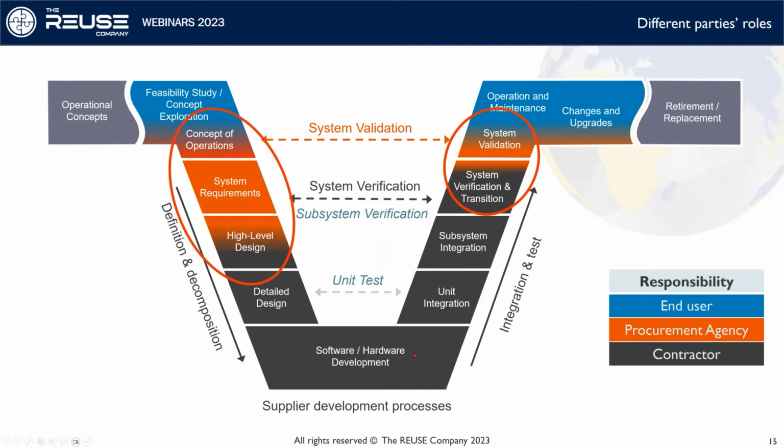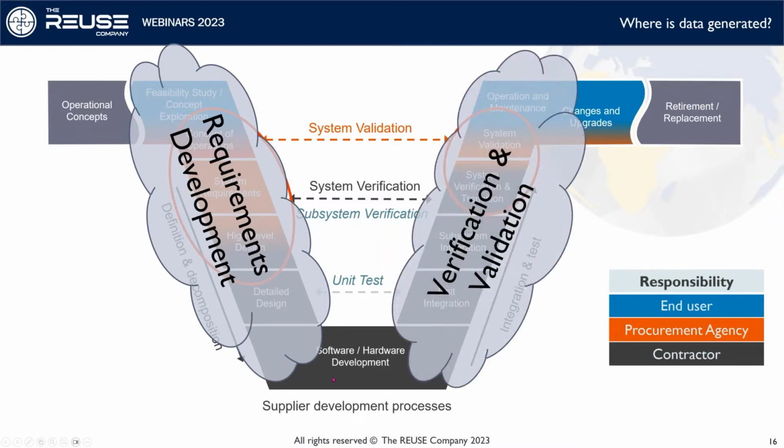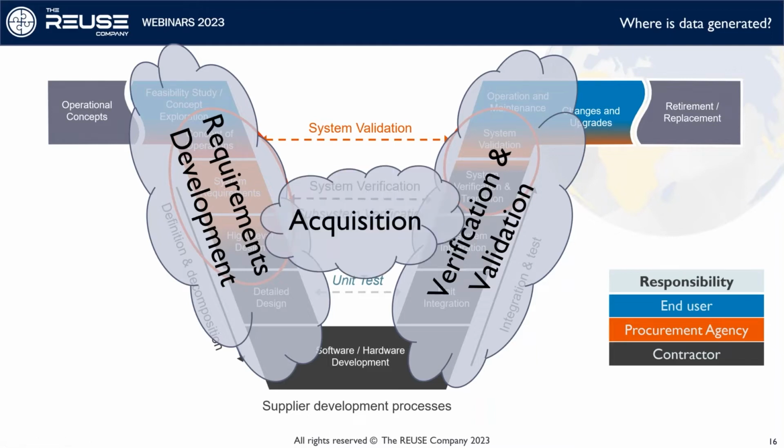But you should be aware that data is generated not only when you develop requirements, which will be done by your users, by the procurement agency, and by the contractor. Not only when you do the verification and validation, which is again a joint effort with all parties cooperating, but acquisition in itself generates lots of data.